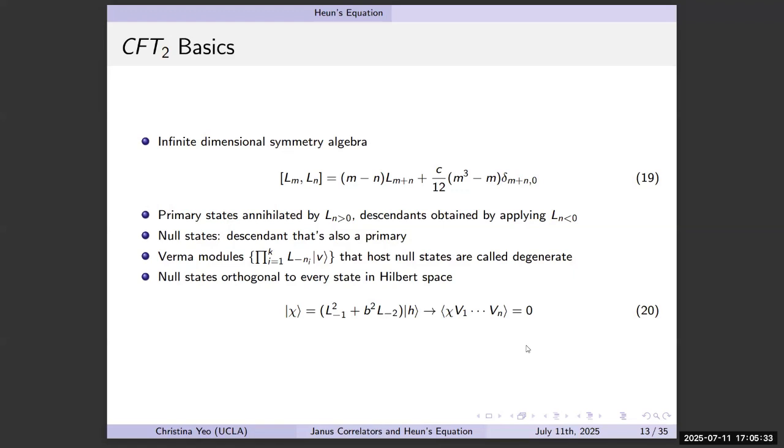This CFT is completely different from our holographic CFT. It is not holographic and physically has nothing to do with our setup. We're just borrowing what will be a Liouville CFT, because it gives us the differential equation that we want. This is not our physical setup.